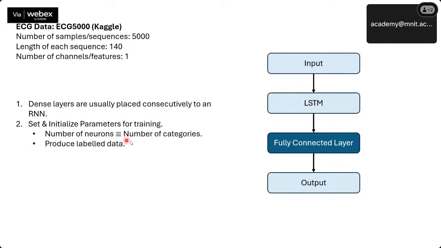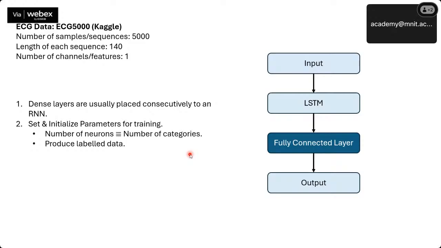The input number of neurons will be automatically adjusted, or if it is not, then check the last LSTM layer that you have used, whatever hidden size you used there. Let's say the hidden size is 32 there. Then the input to the fully connected layer should have 32 neurons.